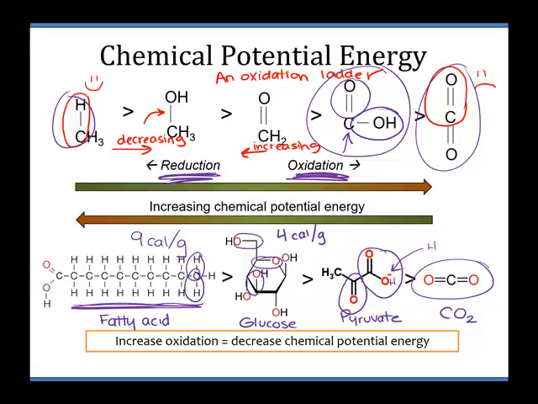Pyruvate, if you were to eat it, has even less than 4 calories. I don't know how much. And carbon dioxide, of course, has 0 calories. You can't live on carbon dioxide alone. So fat has more calories simply because it has more higher energy carbon to hydrogen bonds.